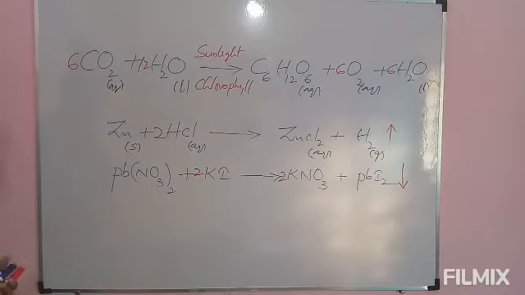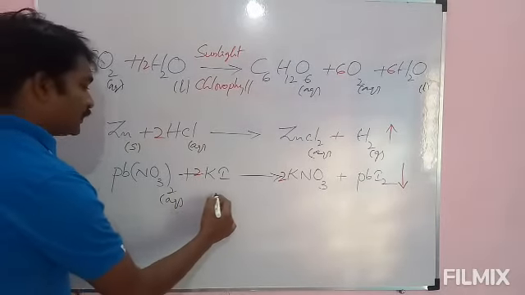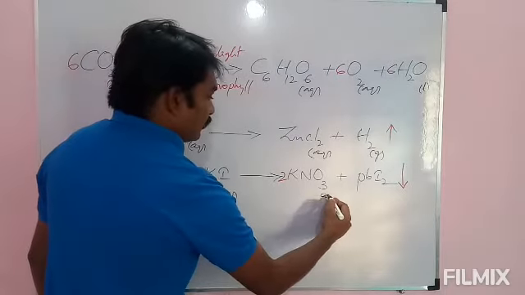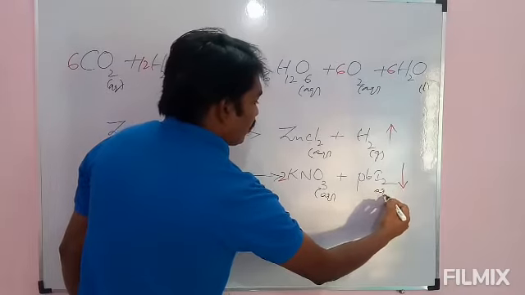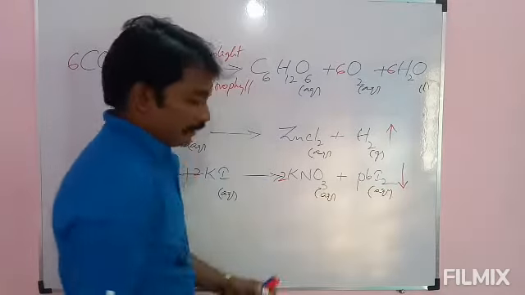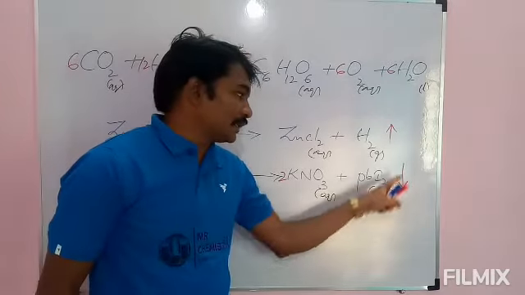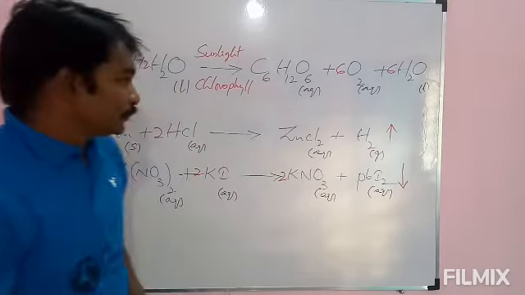And the physical state of the remaining things: aqueous state, and this is also aqueous state, and this is also in aqueous state, but it is an insoluble substance. In that aqueous state, we are showing it with a downward arrow mark.